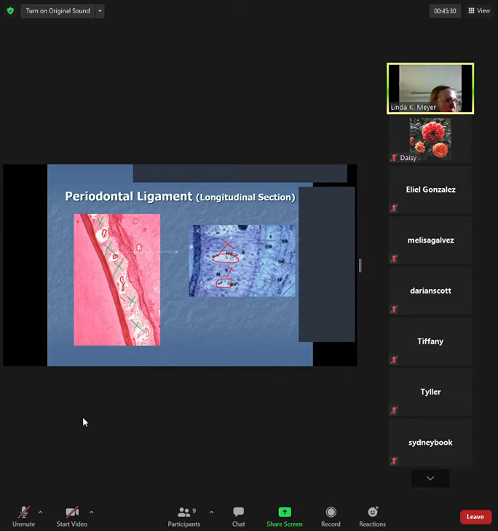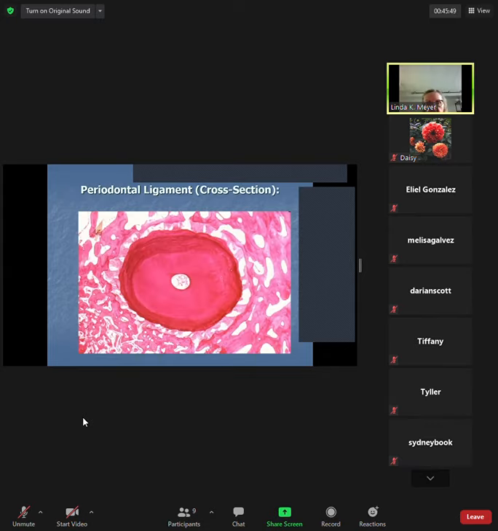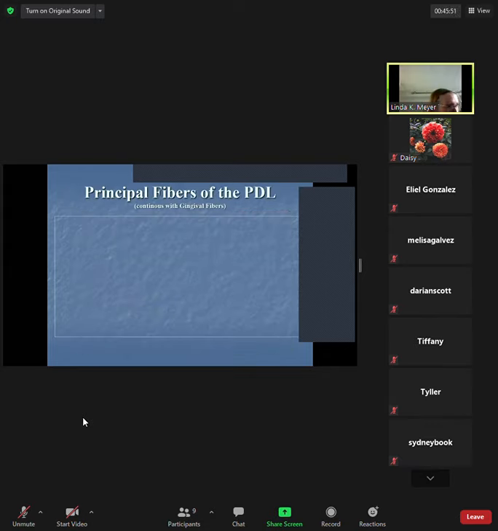Okay, so we've got a strong tissue that provides mechanical support, but it also provides biologic support to surrounding tissues that we'll get into later. So let's focus on this main component, the fibrous matrix, or these principal fibers of the periodontal ligament. There are 5 groups of principal fibers.